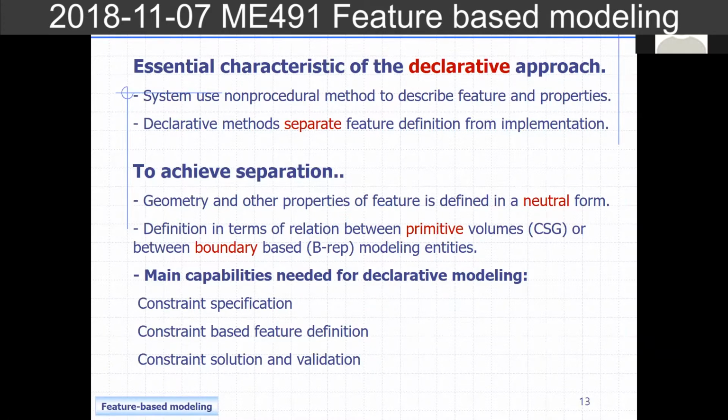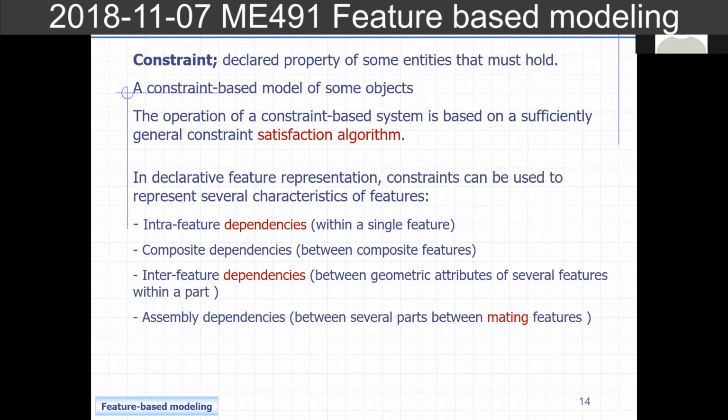So separation is explained in that geometry and other properties are in neutral form. They have CSG and BREP, and then the declarative modeling is done by constraint. So constraint is most important in declarative schemes. So how is a constraint specified?